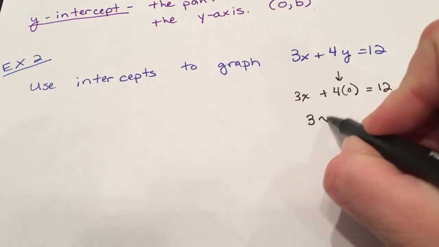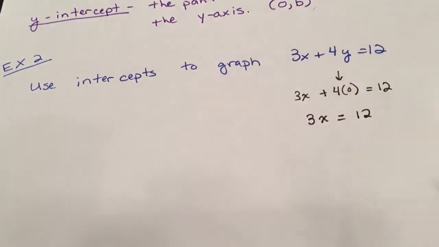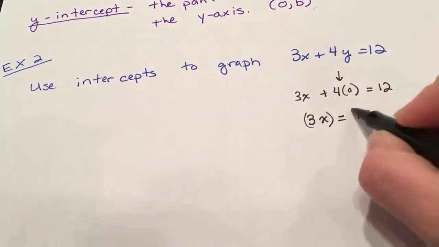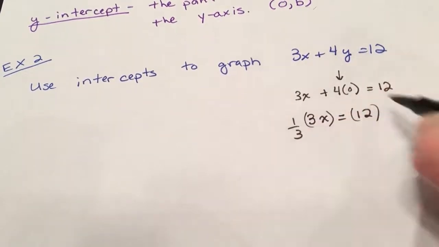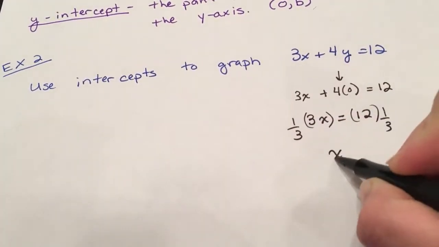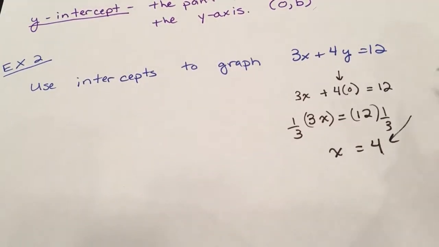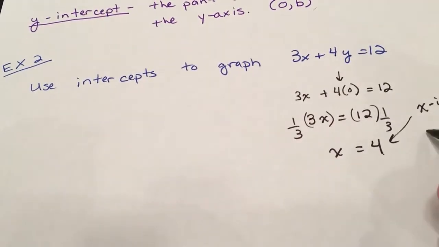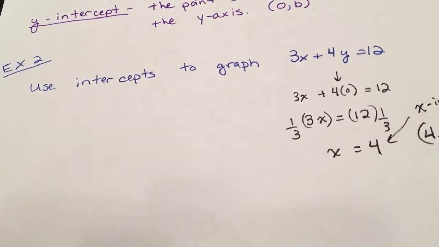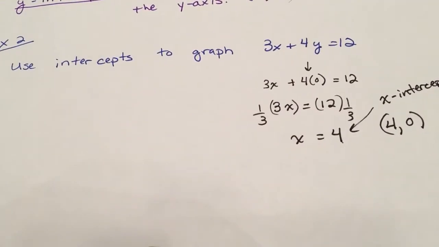So I get 3x equals 12. Solve for x by multiplying by the reciprocal, and we end up with x equals 4. Well, that means this is my x-intercept. This represents the point 4, comma 0. Okay, so that's the first point.